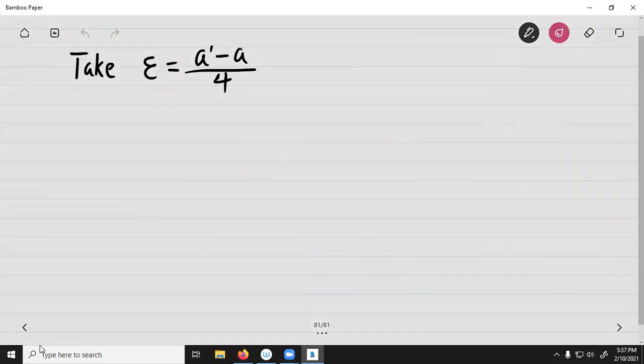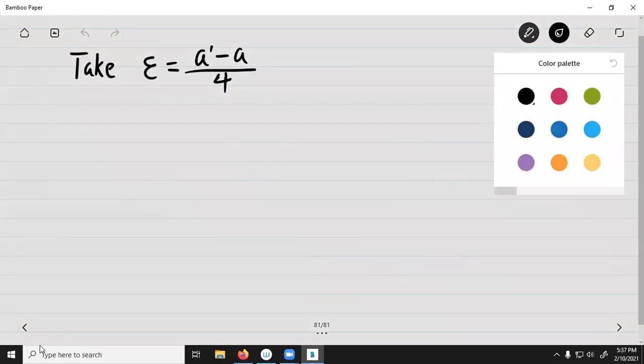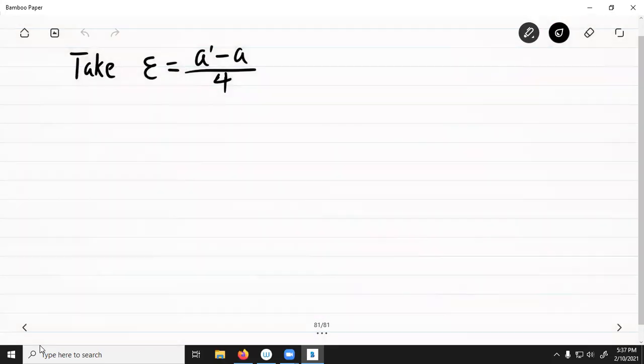So we take this epsilon to be this number. You can see this is not a mystery number, right? This is the number we are choosing from the graph. But when you read the proof, the textbook says, we take epsilon to be this number, and you may be curious where this number is from. But actually it works, and at last, when you read the proof, you will see that.